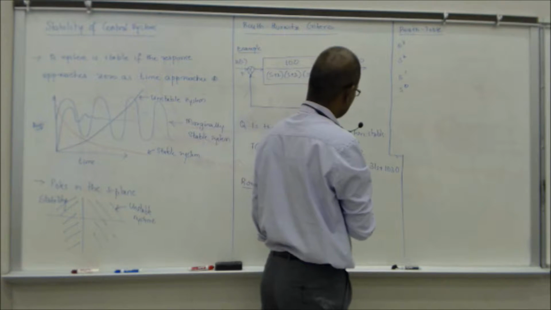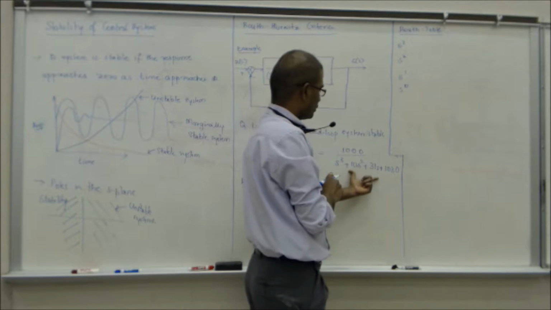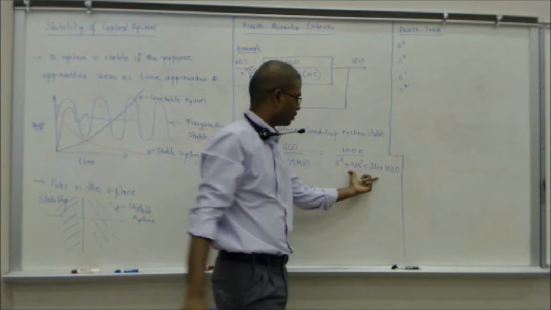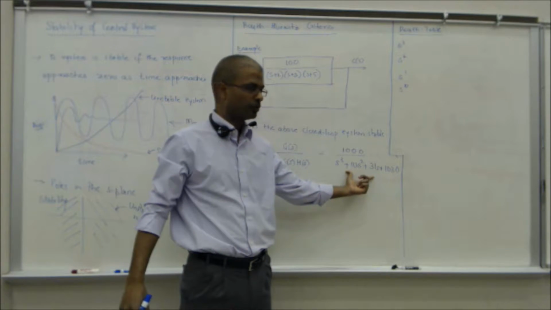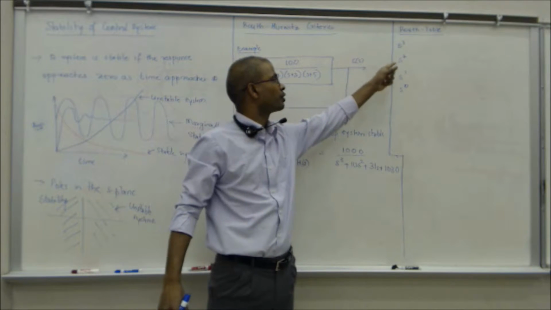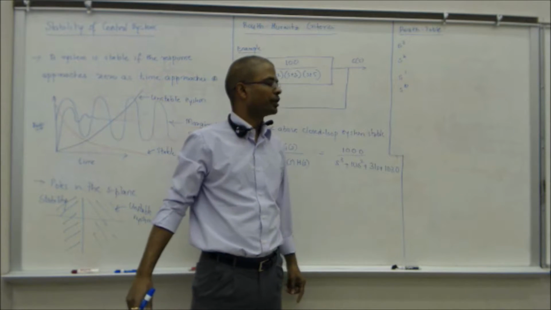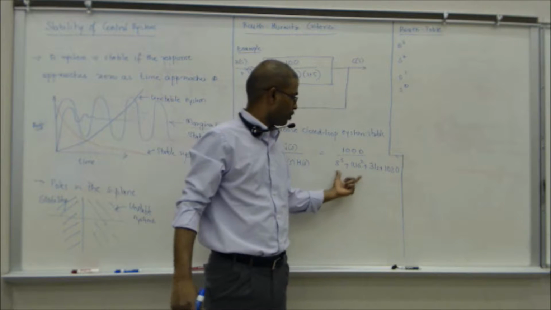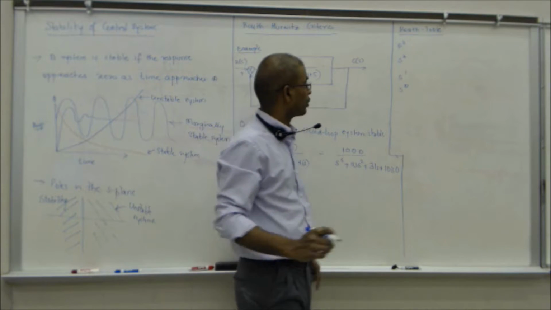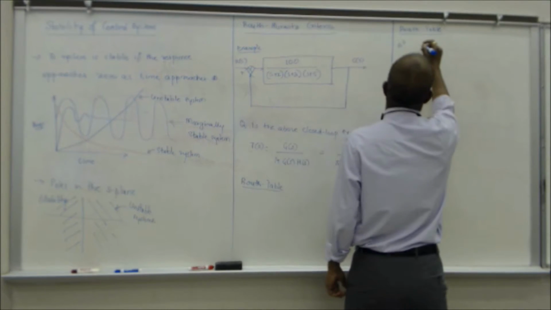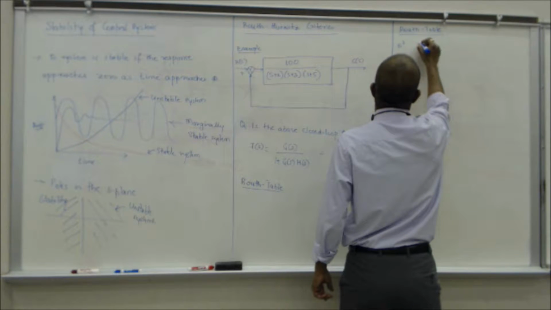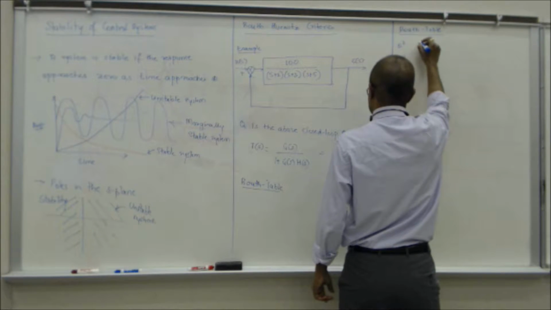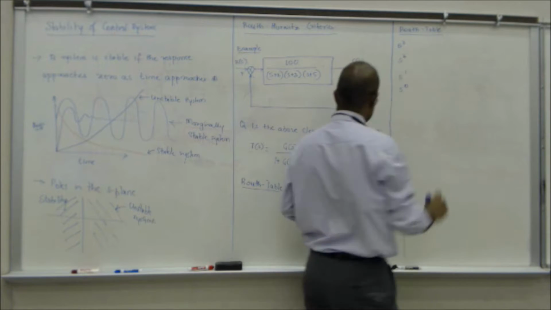What you do is you look at the polynomial. The polynomial here is a third degree polynomial, right? So you start with S cube, S square, S1 and S0. You populate the first row of this table with the coefficients of the odd powers.